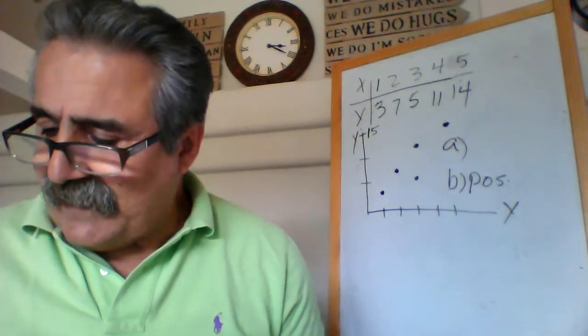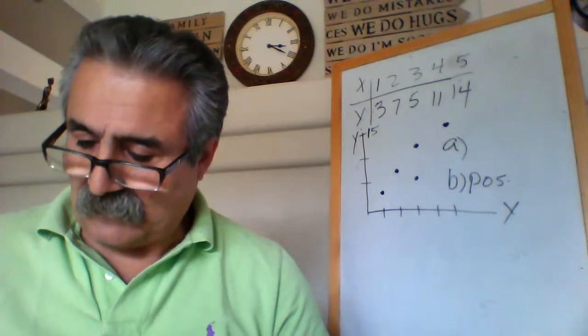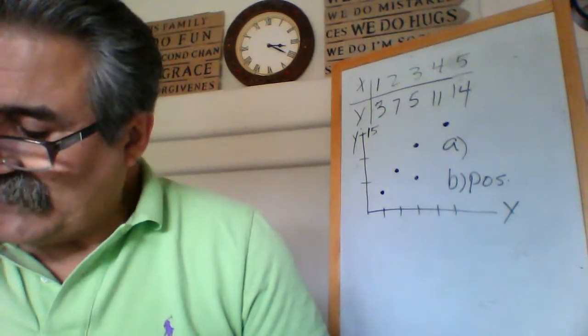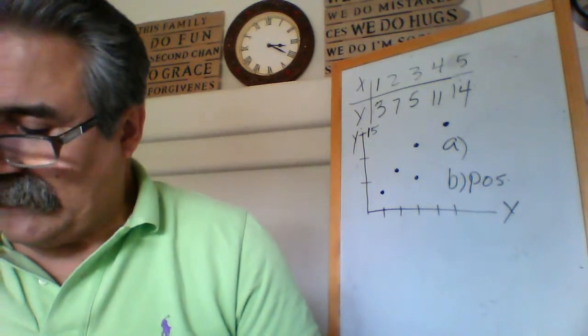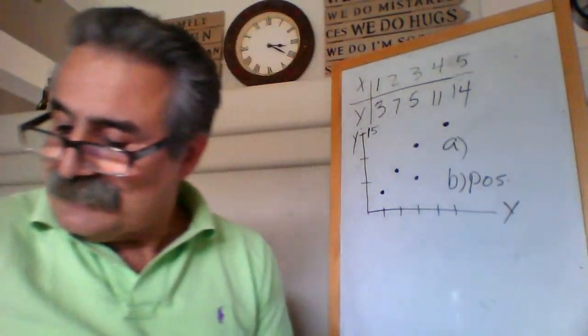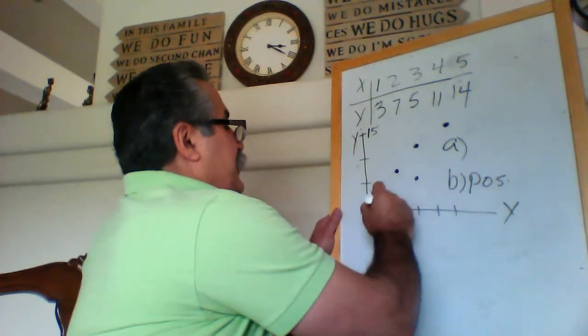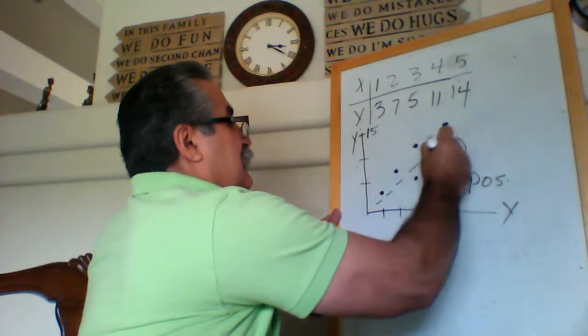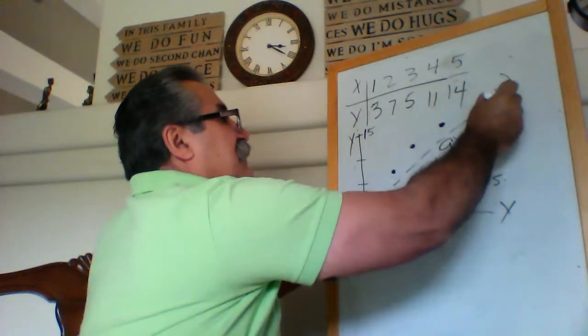For part C, try to approximate the relationship between x and y by drawing a straight line through the data. So this is part C.